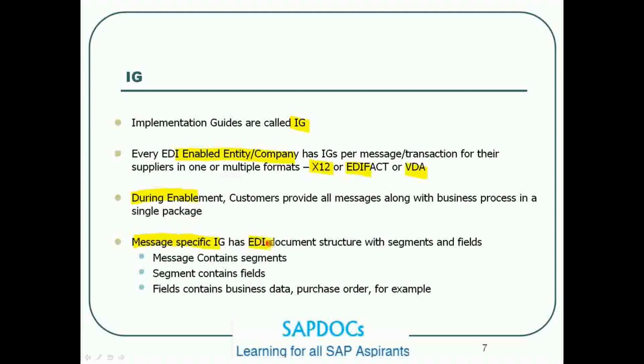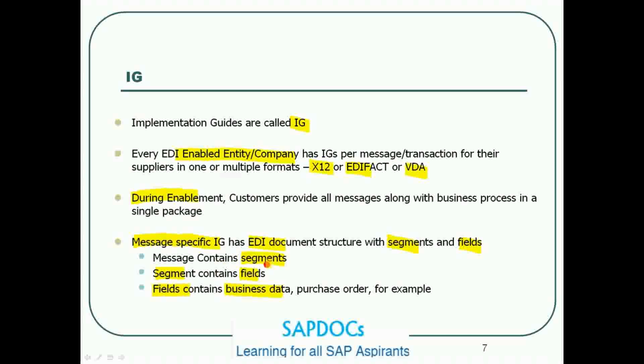And every EDI document, and when I say document, we can call a PO a document, has segments and fields. A message contains segments, a segment contains fields, and fields contain the business data.